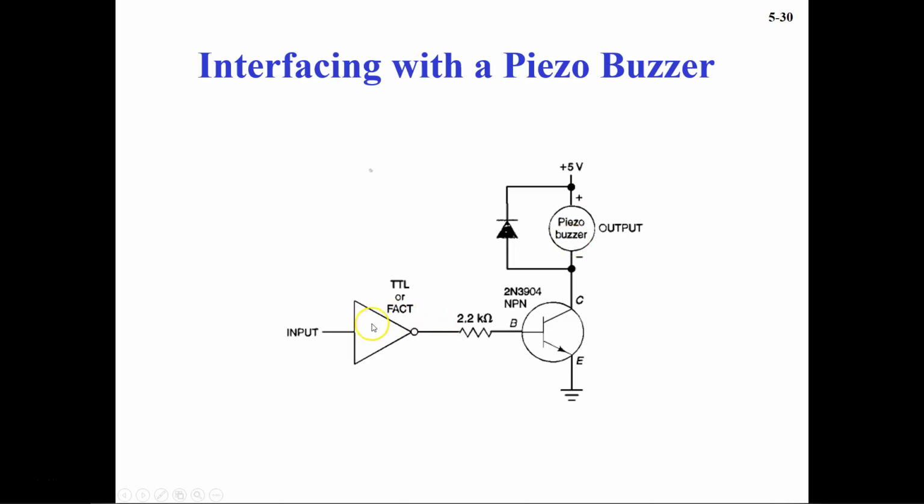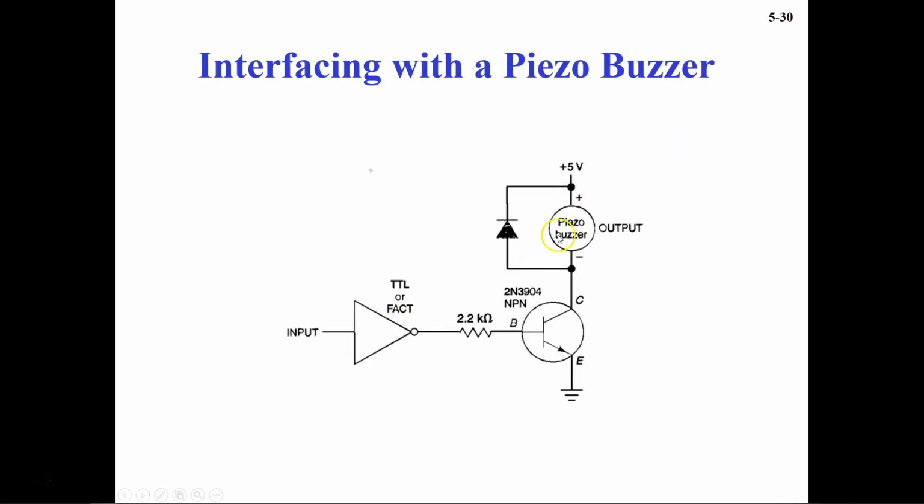And here you see a standard TTL is used, or you can use FACT. FACT is the CMOS. And if we see the current carrying capability of these two, then the TTL output can sink up to 16 milliamp, while the FACT or the CMOS output has 24 milliamp of driving current.